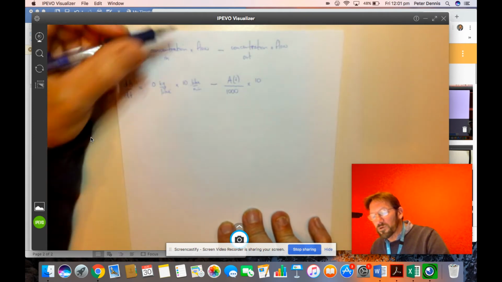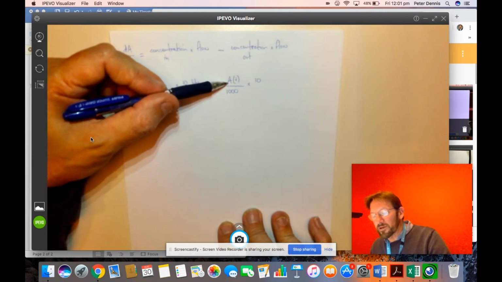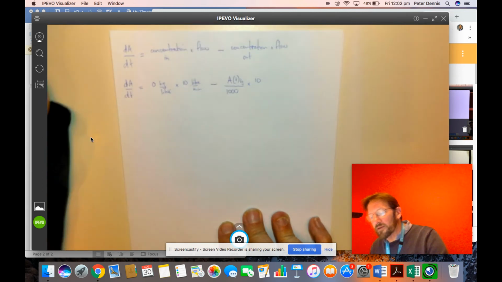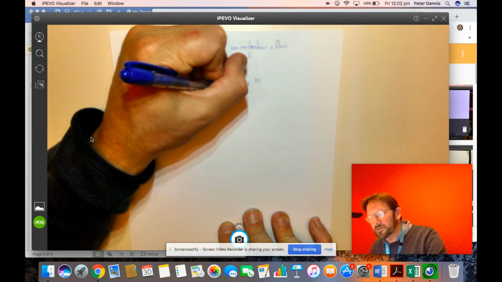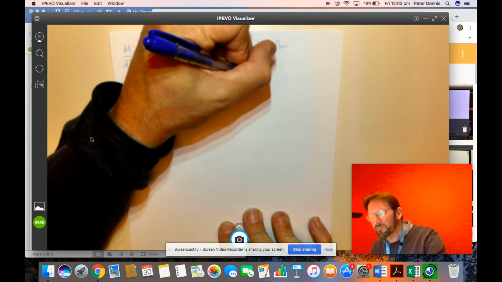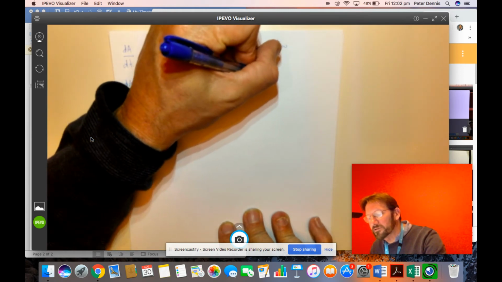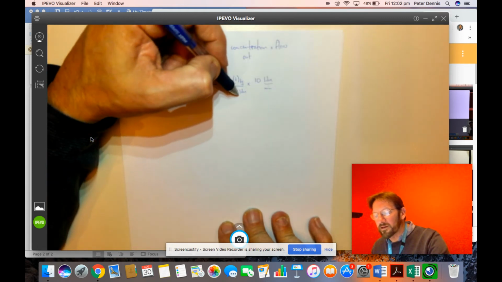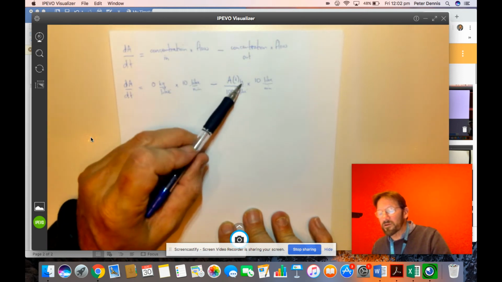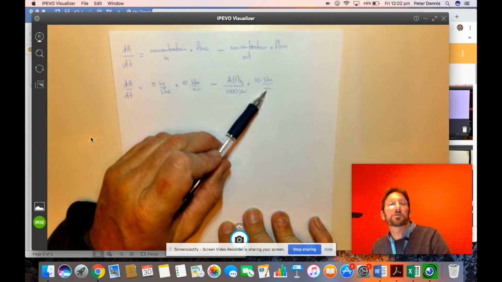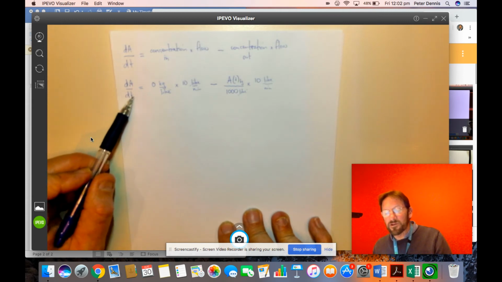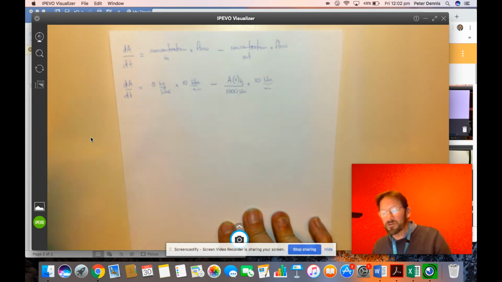And if we want, again, we can look at the amount, kilograms, how much salt is in it, over litres, times the flow rate, which is 10 litres per minute. And again, our litres cancel out and we've got kilograms per minute, which is exactly what we want here. The amount versus time.